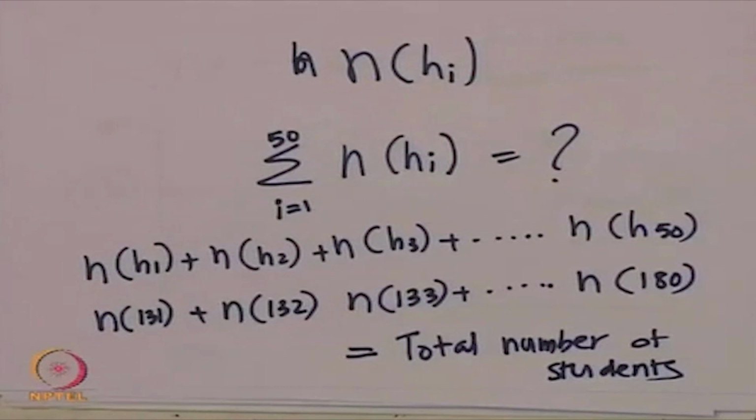Right, because this involves all the students having height 131 to 180. We are measuring centimeter by centimeter, we are having this kind of a histogram, and then we are doing the sum, and at the end what you get is the total number of students. That is what is essentially shown in this slide here.